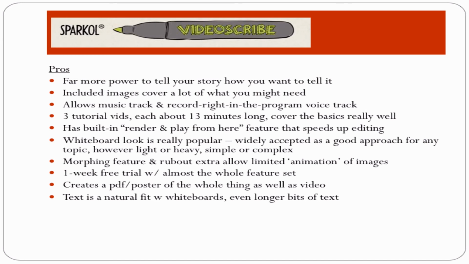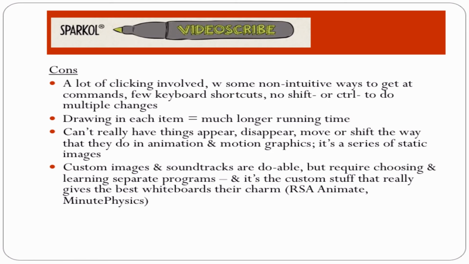They expect a good deal of text on a whiteboard, so you can get away with longer text clips. I didn't on this one, but you can in general on a whiteboard type animation.